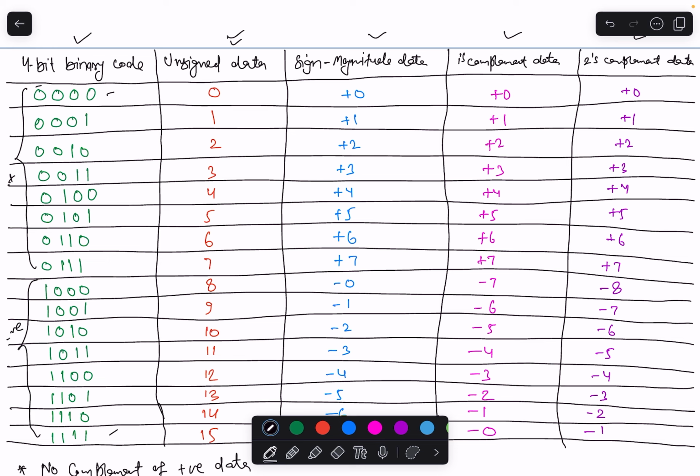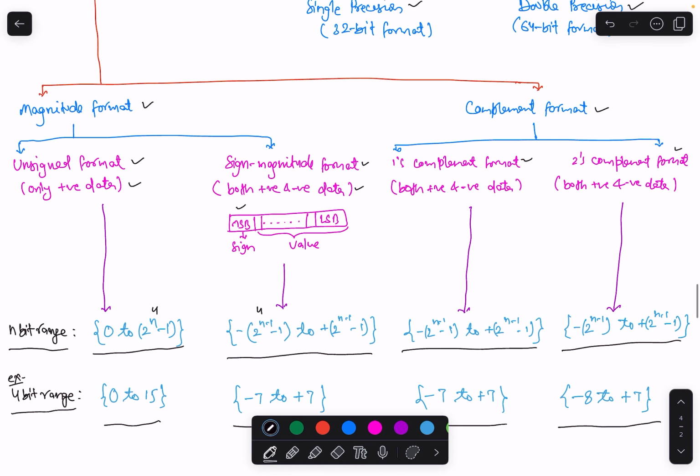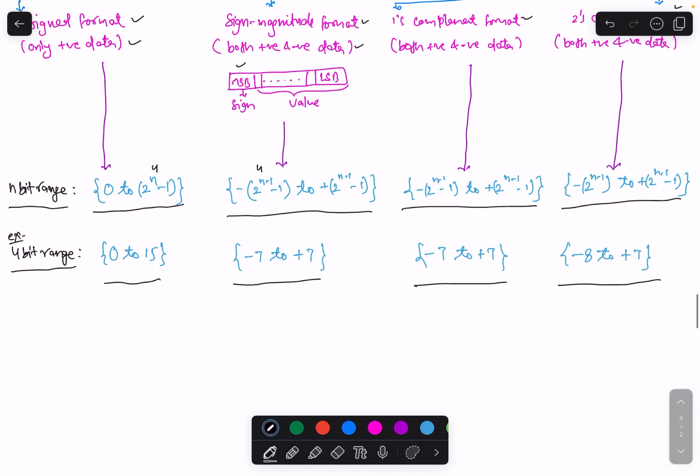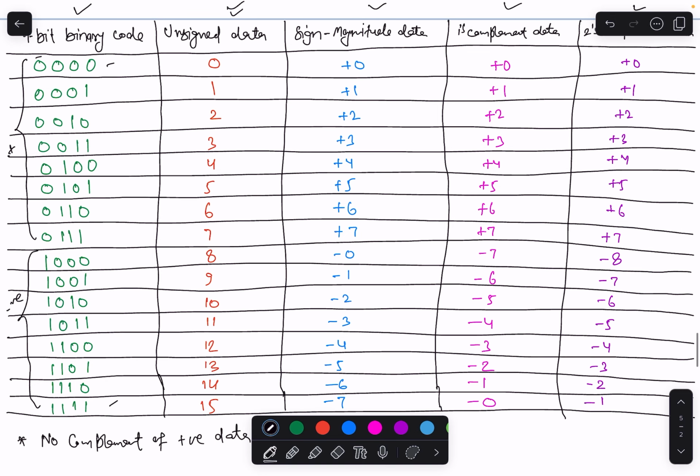But in the unsigned data all will be positive, because only positive data can be represented using unsigned data. So there is no problem in unsigned data. We are starting from 0000, so it is 0, then 1, 2, 3, 4, 5, 6, 7, and this is 8.